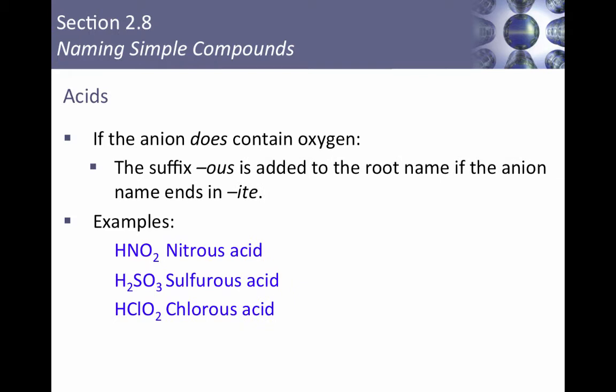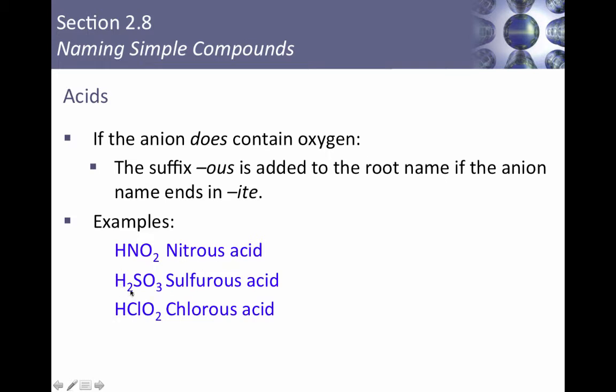Okay, so then if the initial anion for the acid ended in ite, you're going to take the ite off and you're going to add ous. So on our examples here, this time we have HNO2, and NO2 would be nitrite. So we're going to remove the ite and add the ous to give us nitrous acid.